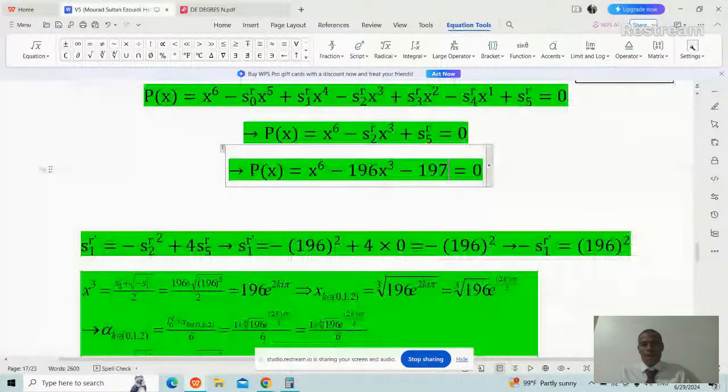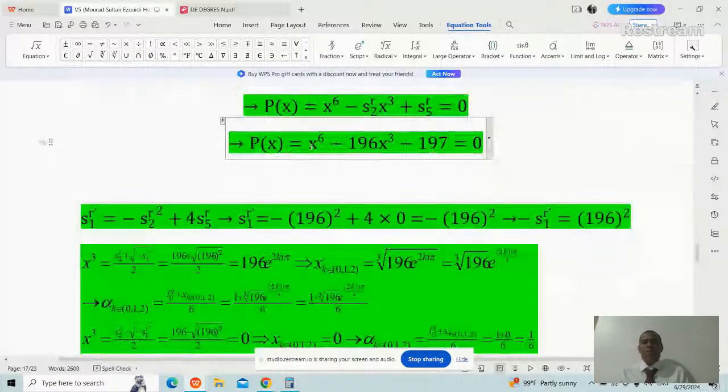Now, it's clear this is a polynomial to the power 6, but you can reduce it to the power 3. Just suppose y equals x cubed. Therefore, I will use immediately my formula: S1 of order r equals negative S2 of order r squared plus 4 S5.